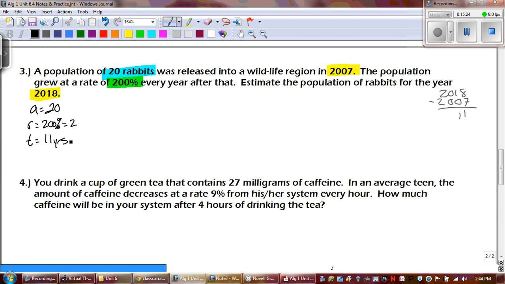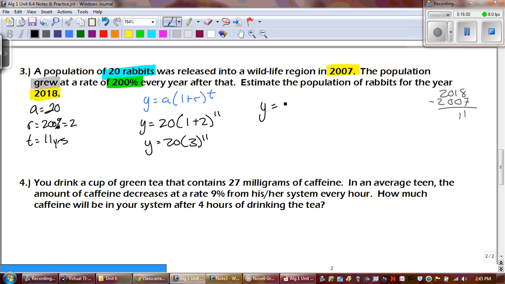Now, is this going to be growth or is this going to be decay? Keyword, grew. So we're going to be using the growth formula. Okay, so y equals, we're starting with 20. We have 1 plus 2, and we've got 11. Okay, let's simplify the inside first.